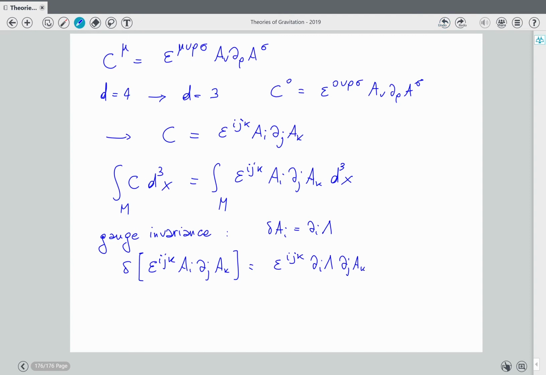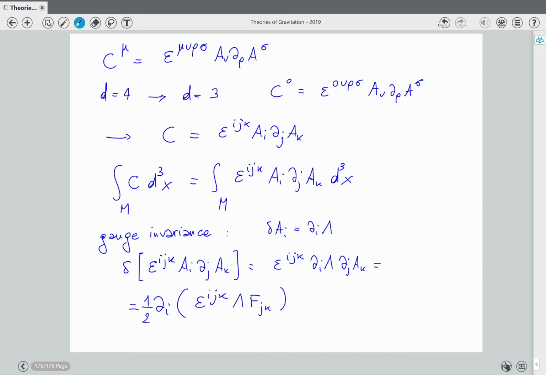Now, observe that this thing I wrote here is itself a total derivative, because I can write it as ∂_i ε^ijk, because ∂_i, when it acts on there, together with a ∂_j, again because of the epsilon, gives 0. And what remains inside can be written not just in terms of the connection, but in terms of the field strength.